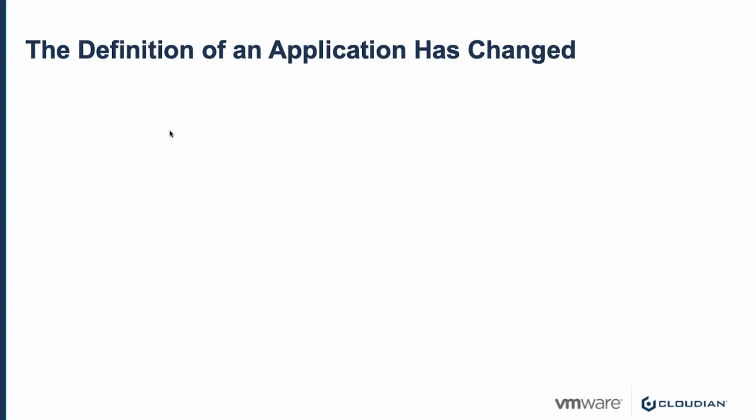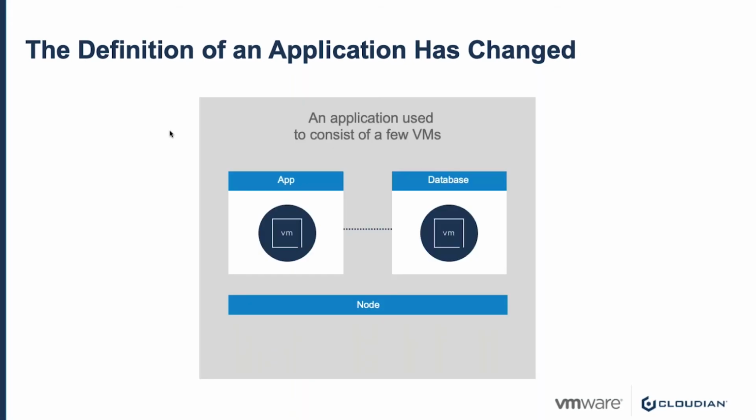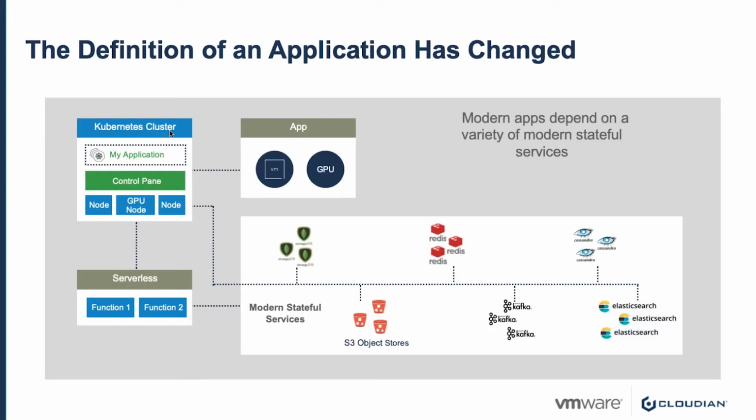Definitely. So as Sanjay mentioned, the application landscape is changing in the enterprise. What used to be a simple application that depended on a few instances of the database is now a full-blown application. Sanjay, if you can click through, we'll see the modern application that we are seeing in the enterprises, where these modern applications are typically depending on a variety of stateful services, right?